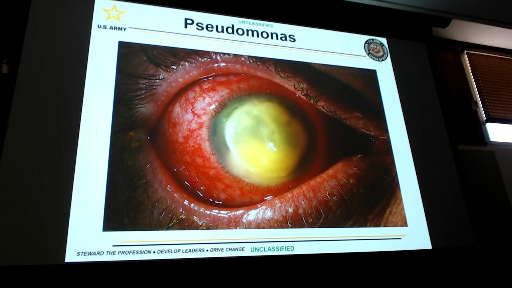So you can see there's this central ulcerated area right here, and then this whiteness right here. That's actually behind this. That's white blood cells in the anterior chamber of the eye trying to fight off that infection. So again, don't go swimming in contacts, or acanthamoeba or pseudomonas. Bad things can happen.